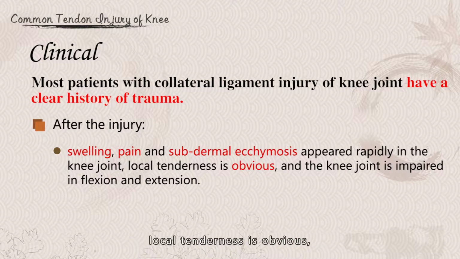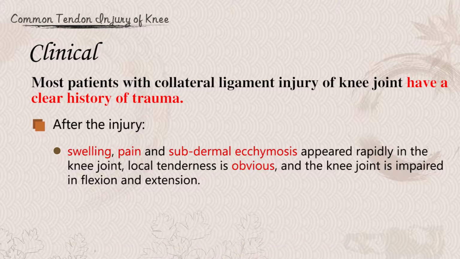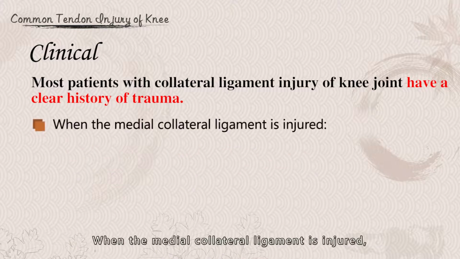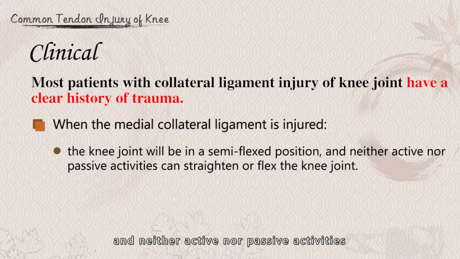Local tenderness is obvious, and the knee joint is impaired in flexion and extension. When the collateral ligament is seriously injured, the knee joint will be in a semi-flexed position, and neither active nor passive activities can extend or flex the knee joint.